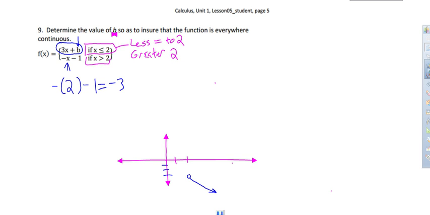So let's take a look at this right here. We have 3x plus our missing number, and if it's going to be continuous, then it has to equal what?